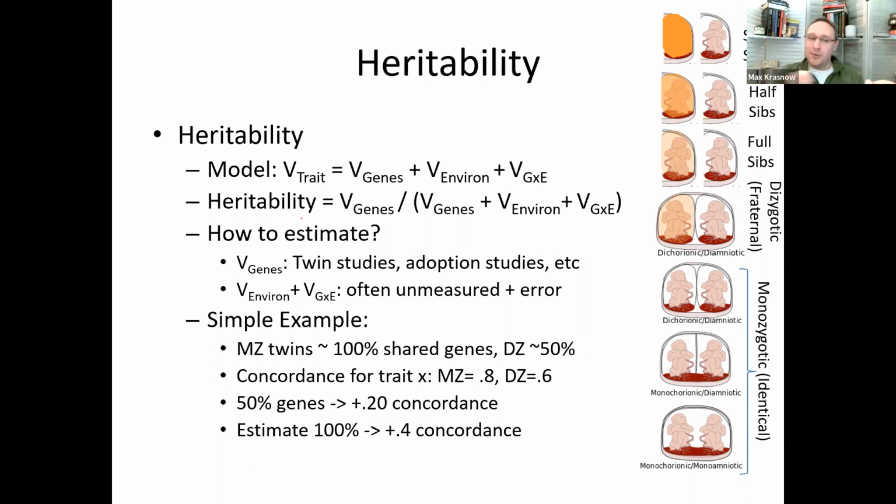And so that 40% gain in concordance is actually one of the simplest ways of getting to heritability. What that would say is that for that trait, let's say it was intelligence, that the heritability of intelligence was 40%, that 40% of the differences in intelligence could be explained by differences in genes, if that was the results of the study.